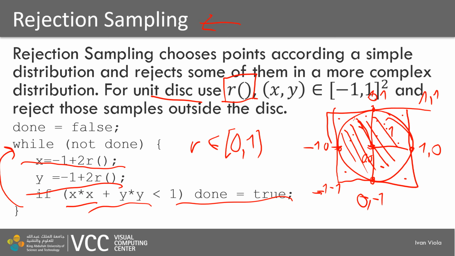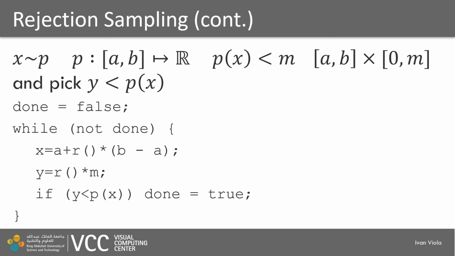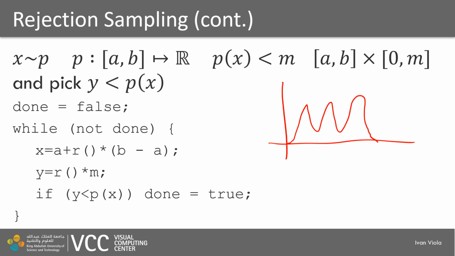We can do it for the two-dimensional case. We can also do rejection sampling where we have a certain probability distribution. Let's say that our probability distribution function will look like this, and this will be the highest value.